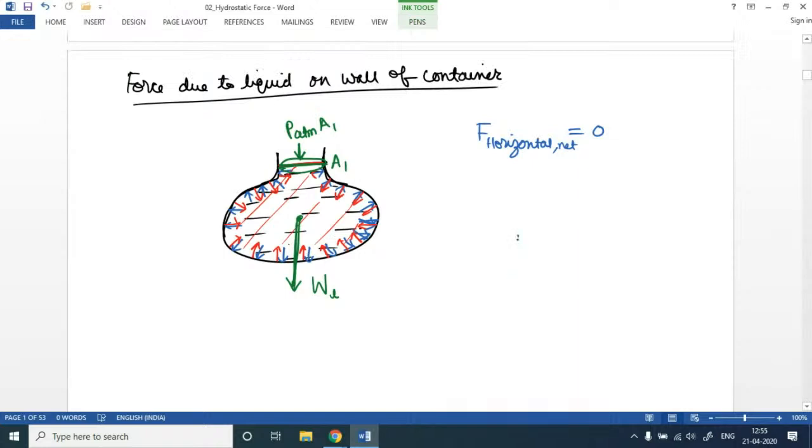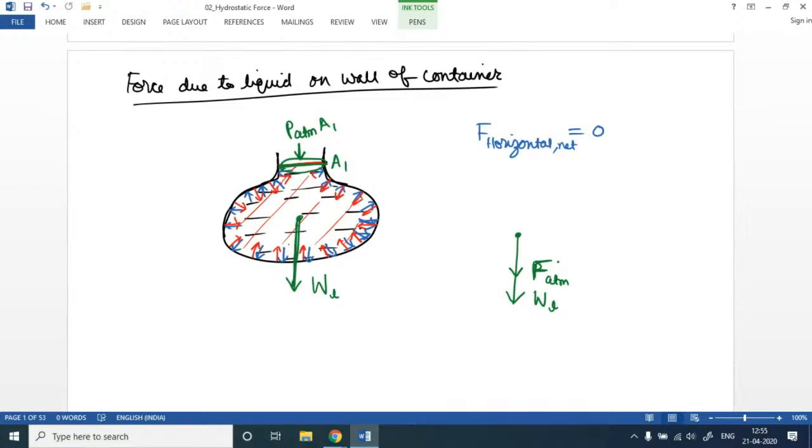You can say one force, W, the weight of liquid, will be acting in downward direction, and some F ATM, force due to the atmosphere, that would be in downward direction. And we don't know right now whether the force exerted by the container on the liquid will be vertically upward or downward over here.